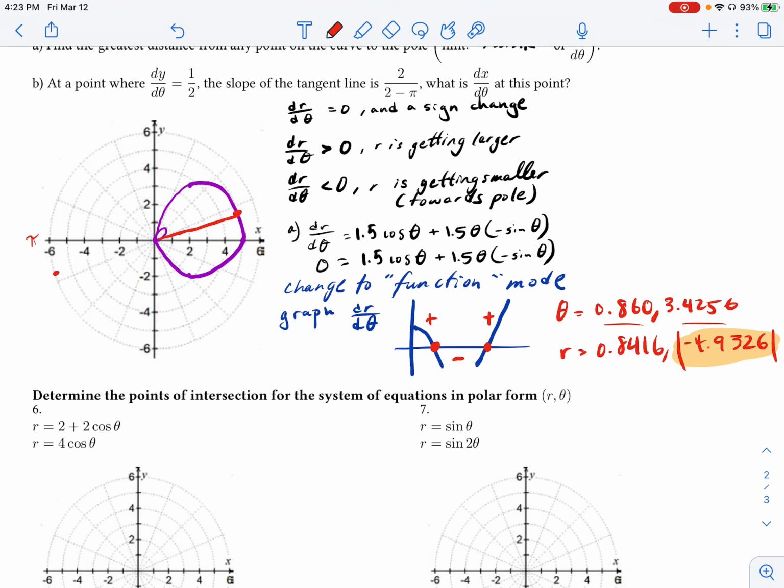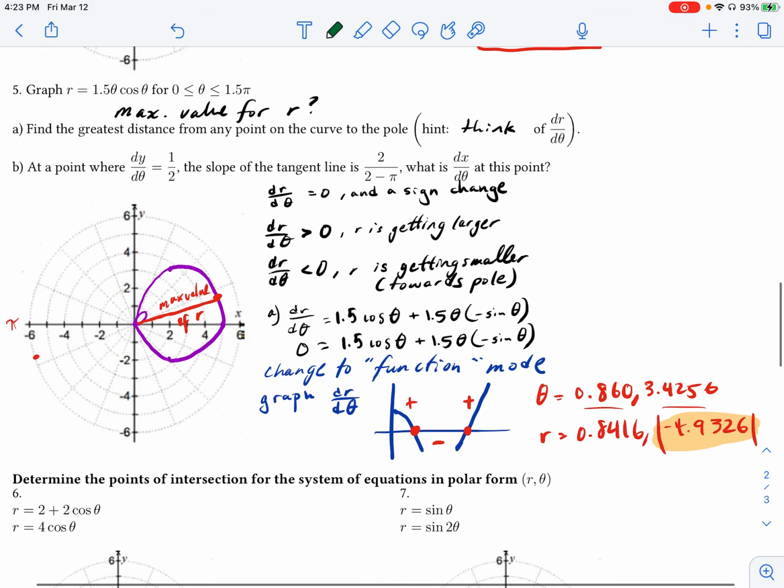That looks like it's our maximum value of r, right? So right at that point. So we have just found the exact angle where r produces a maximum value using what we know about the derivative. And again, this process is very similar to what we did earlier with basic rectangular functions.